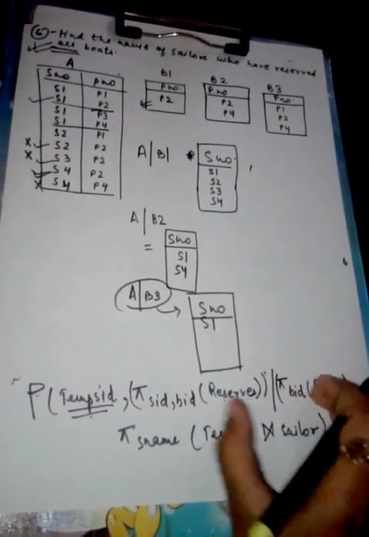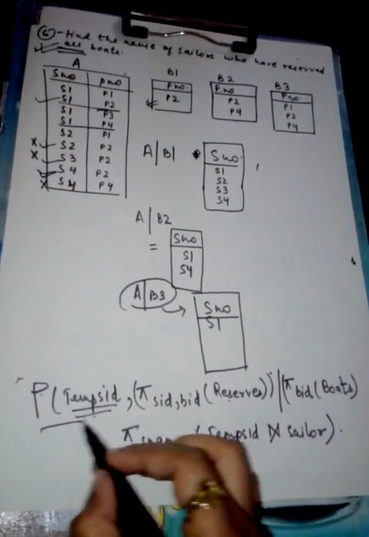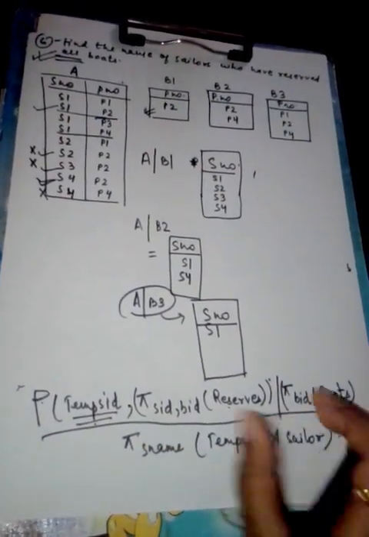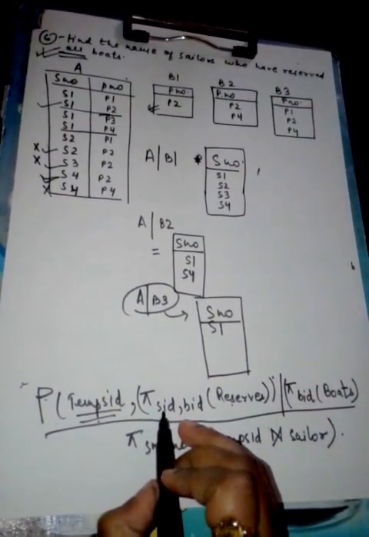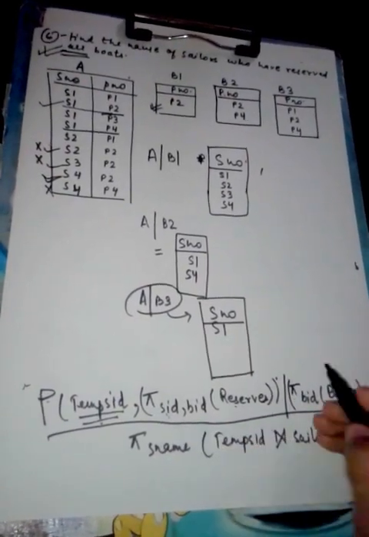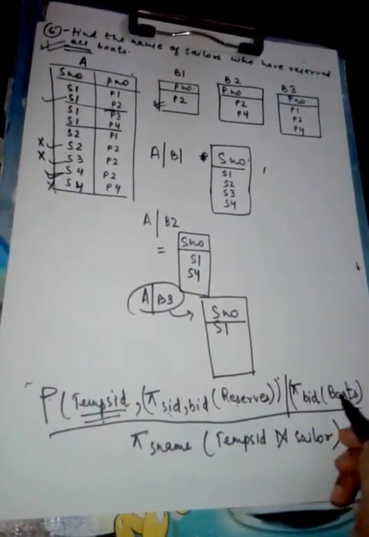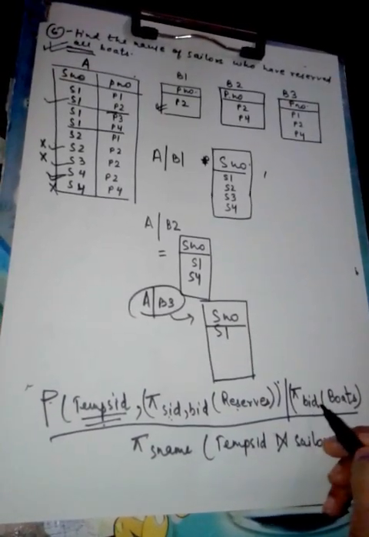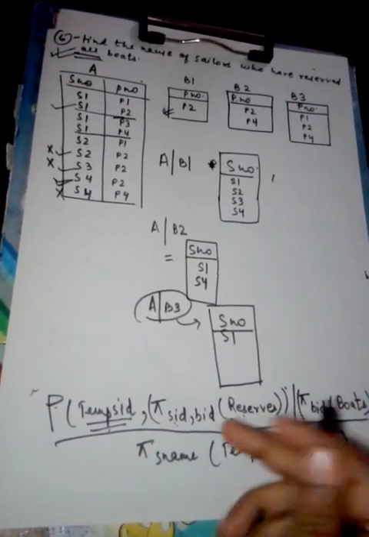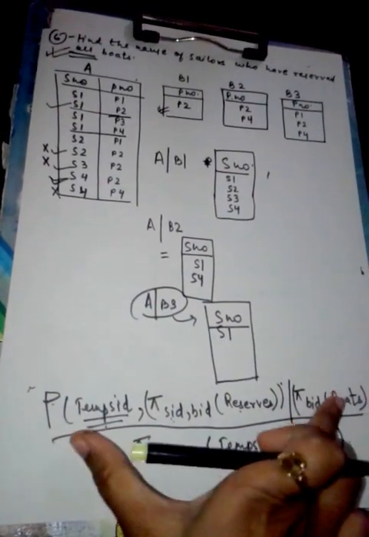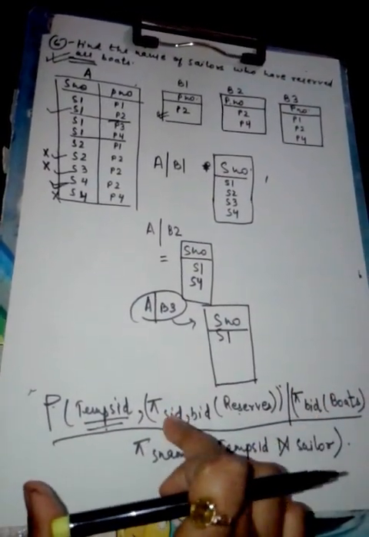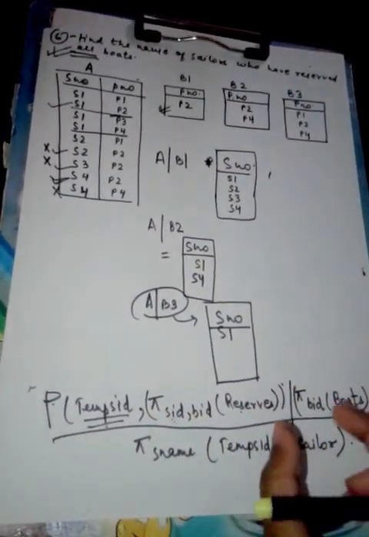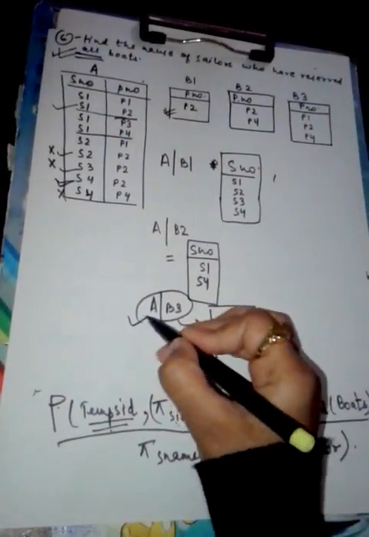So this will show those seller IDs which contain all boats, because it projects boat ID from the boat table, so all the boat IDs. This will represent those seller IDs who have all the boats.